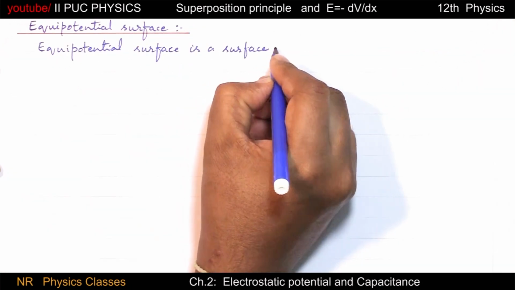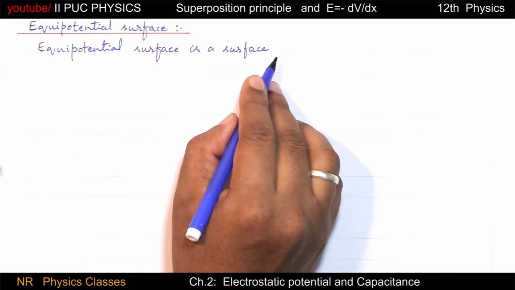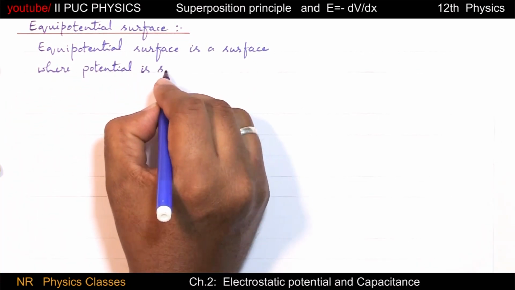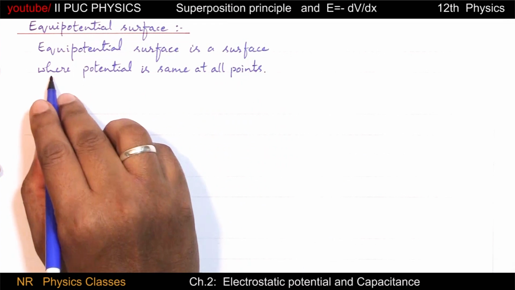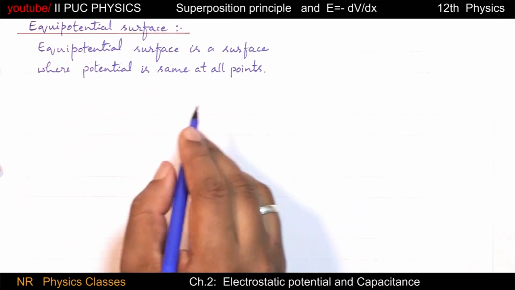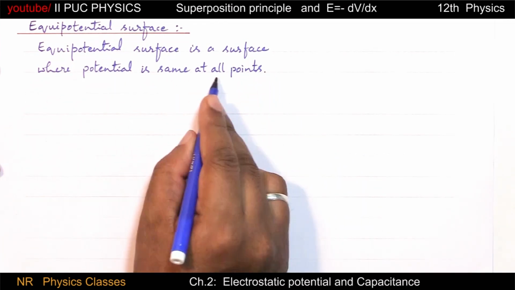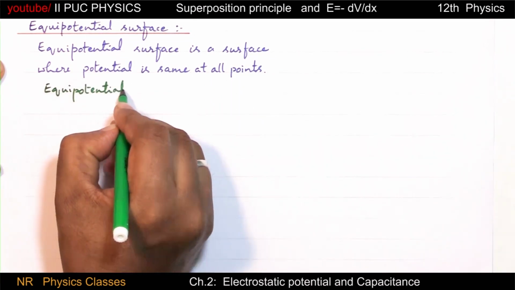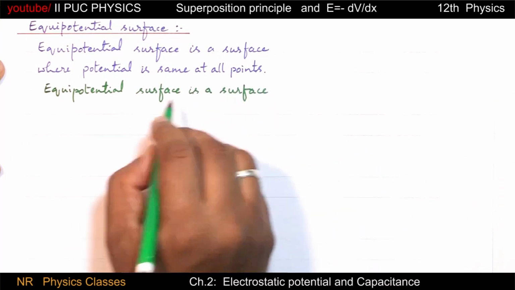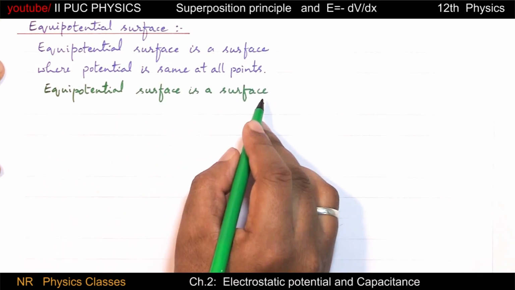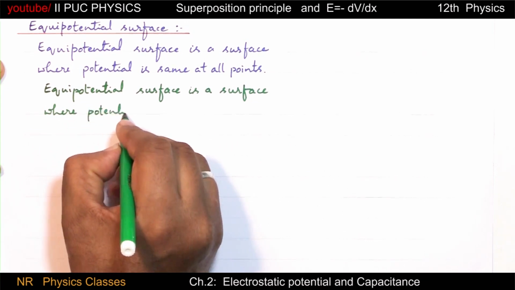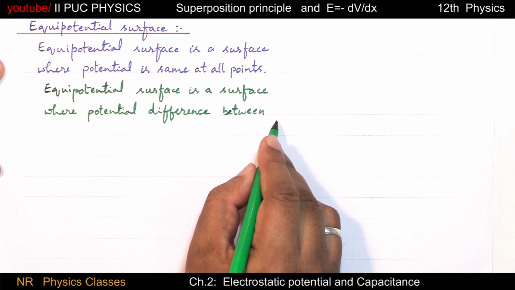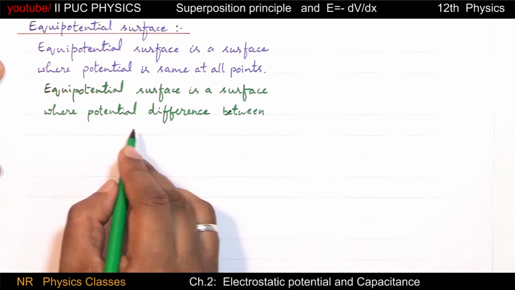Now, an equipotential surface is a surface where potential is the same at all points. This is one of the statements of an equipotential surface. An equipotential surface is a surface where the potential difference between any two points on the surface is 0.